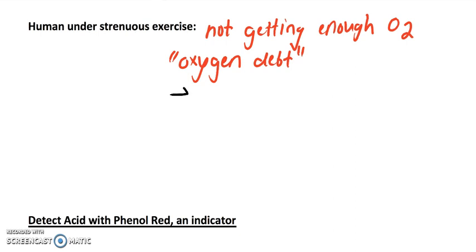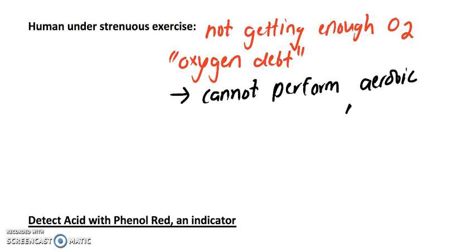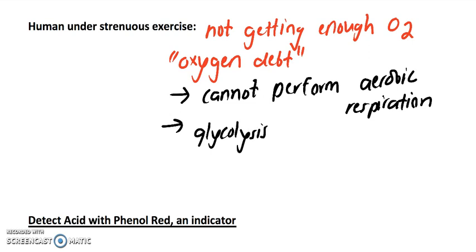And this means that we cannot perform aerobic respiration. What this means is that we're going to do glycolysis, and then we're going to do fermentation. Reactions that don't require oxygen.